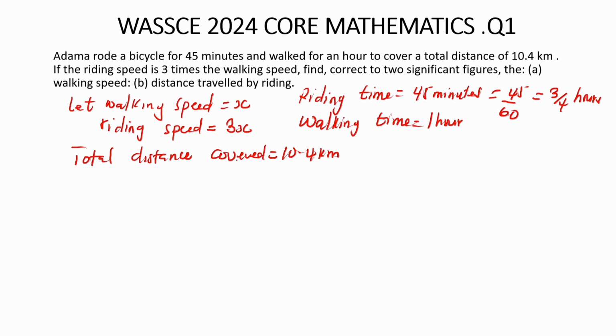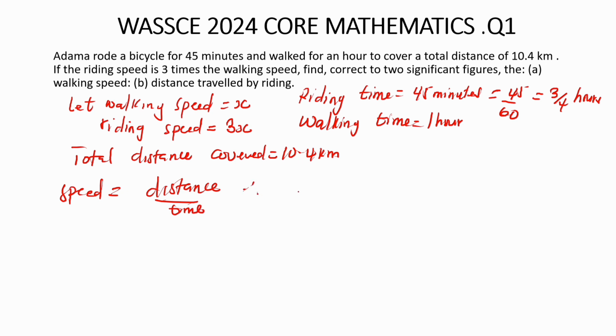A part of the question says that we have to calculate the walking speed. Now the walking speed is x, so we need to find the value of x. But we know from physics that speed equals distance over time taken.